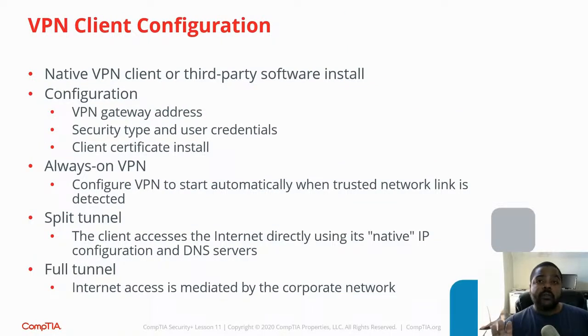Now we have several types of VPN configurations that we can actually do, but from what my experience has seen, and I think that you guys are probably seeing on a regular basis too, you're probably going to see a VPN agent somewhere on your PC, and you're going to have to log into that to actually talk back to a VPN concentrator somewhere.